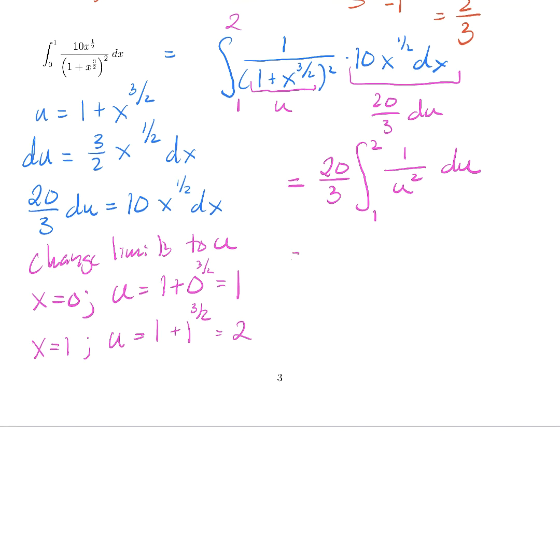Perfect, we can handle this one. This is 20/3, the integral from 1 to 2 of u to the -2 du, which is 20/3 times, we have to be careful here with the multiplication, u to the -2, add 1 is u to the -1, divide, so negative u to the -1, evaluated from 1 to 2.